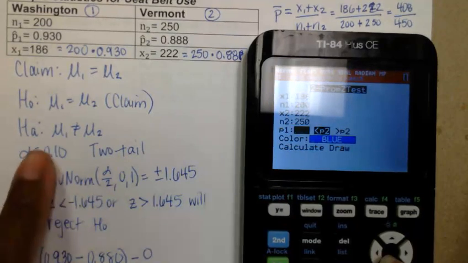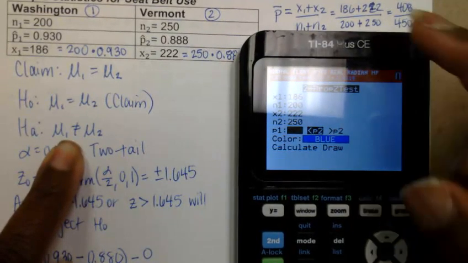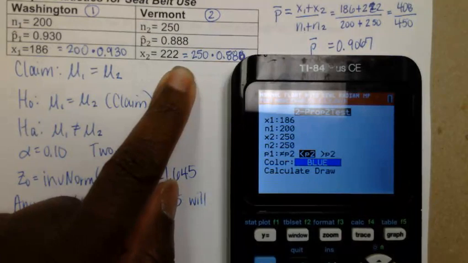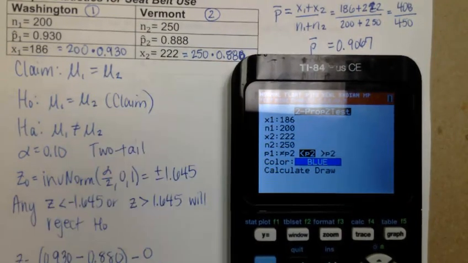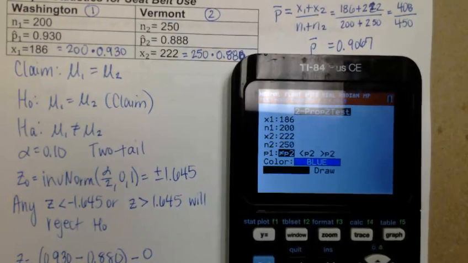My p1, I want to make sure it matches my HA. Let me do that again just in case you didn't see it on the camera: 250 times 0.888. There we go. Then my HA, and we hit calculate.